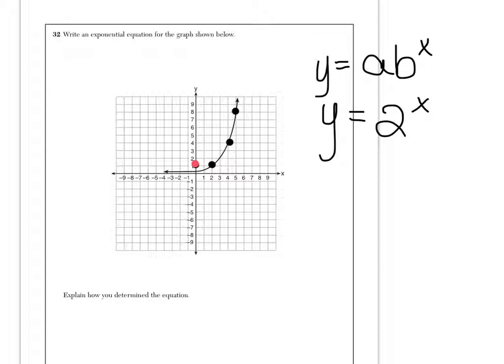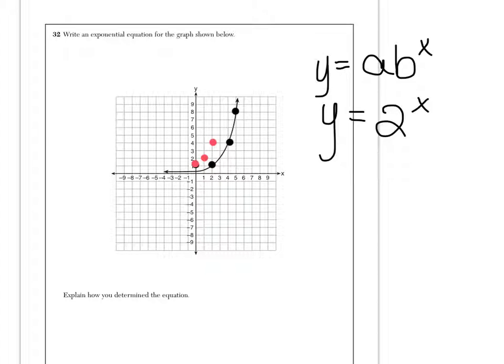So if we put in 0, we end up getting 1 out. If we put in 1, we would end up getting 2 out. If we put in 2, we would end up getting 4 out. Ooh, that one was a little high.